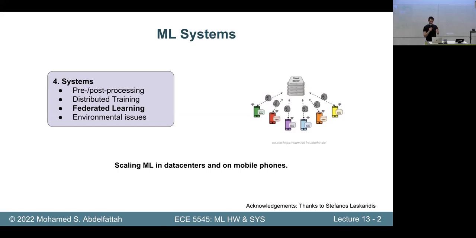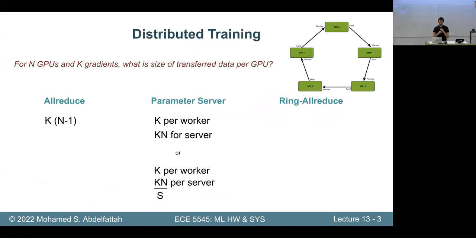So today we'll talk about federated learning, which is a form of distributed training, really, but quite different and has different requirements. And thanks to a good friend, Stefanos Laskaridis. He's an expert on federated learning, and I consulted him a lot before putting these slides together. So hopefully they look good.